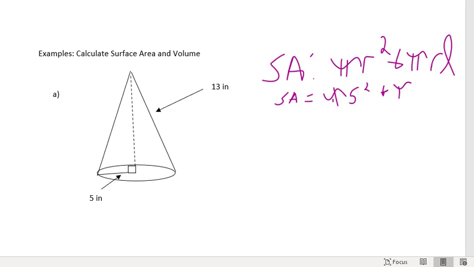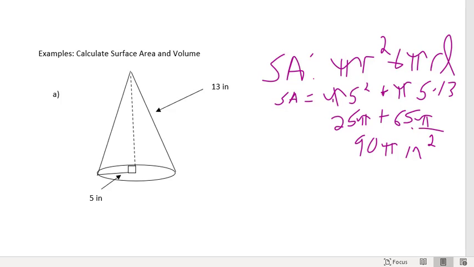Plus pi times 5 times 13. Multiply that through, we get 25 pi plus 65 pi. And add them up, we get 90 pi. And our units on this are inches squared, since this is an area.